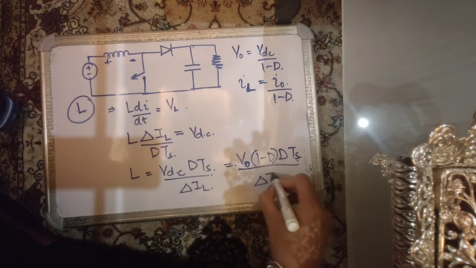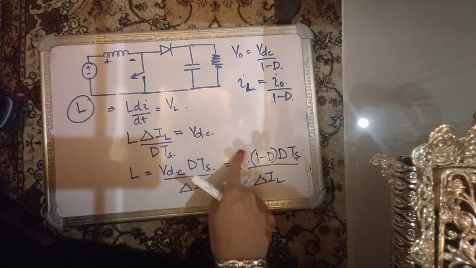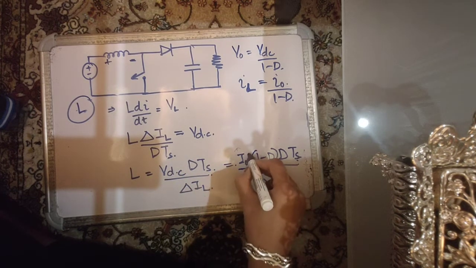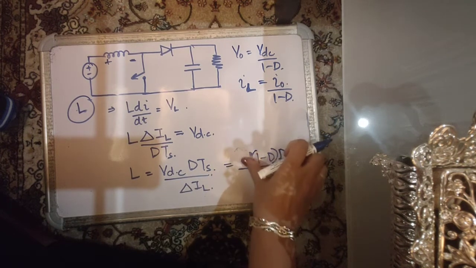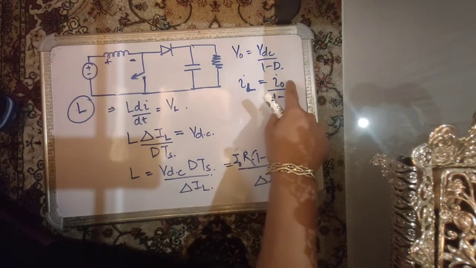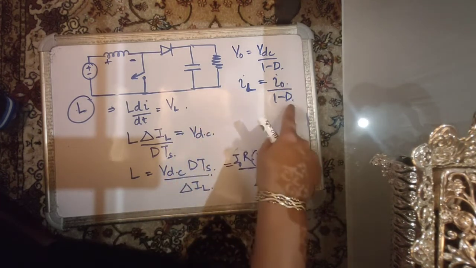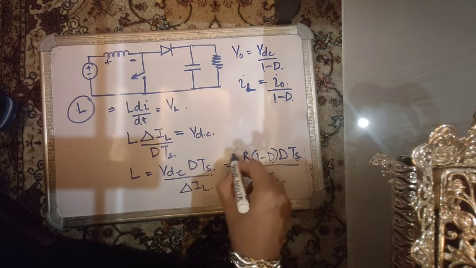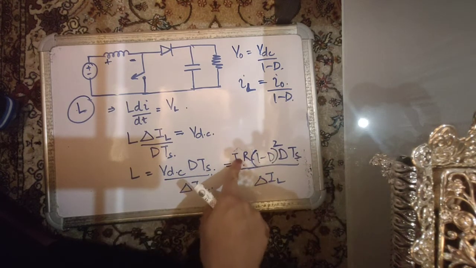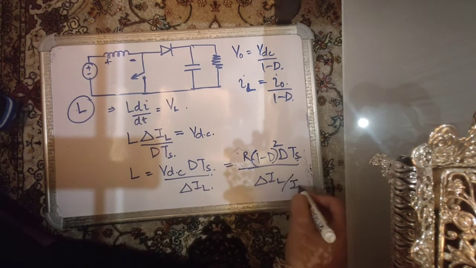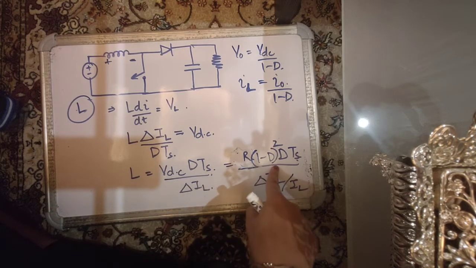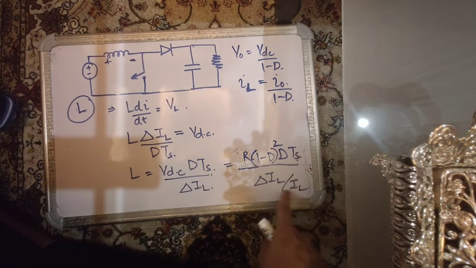And then I also have delta IL. इस V naught को मैं लिख सकती हूँ I naught into R. Or I naught को I can write IL into 1 minus D. So I can write this as IL into 1 minus D another, so make it 1 minus D square, and I can get this IL down here and make it this. So L is equal to R into 1 minus D whole square into DTs divided by delta IL upon IL.